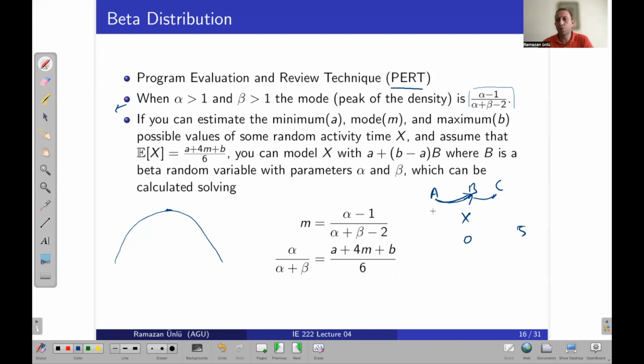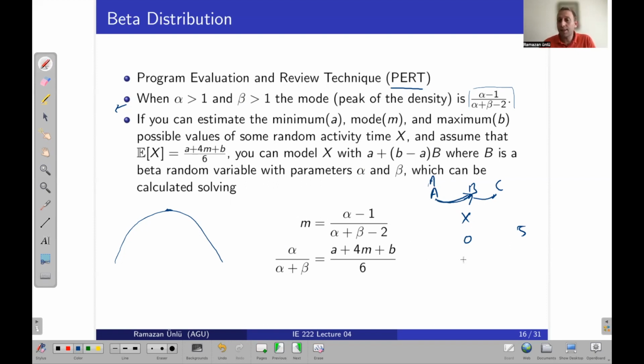Like imagine that project, let's say the event A. Maybe it will take 2 days, maybe 5 days, maybe 6 days. So it will have some range, and probably that will not be between 0 and 1.